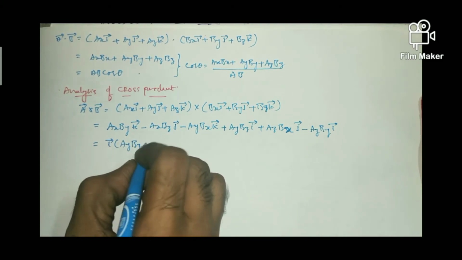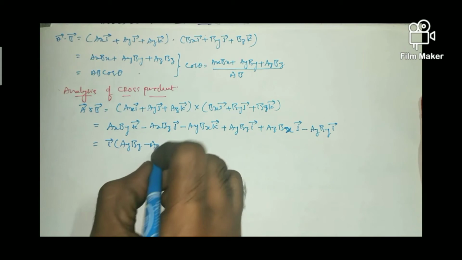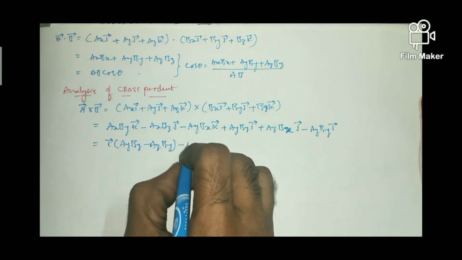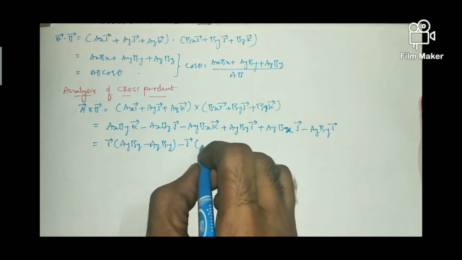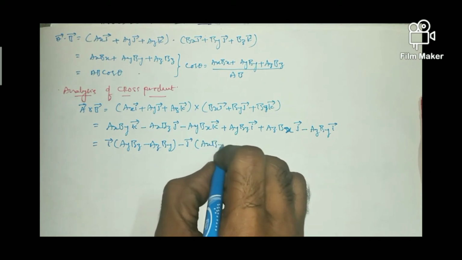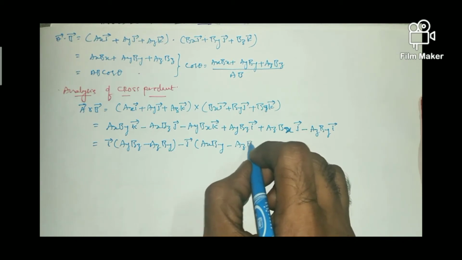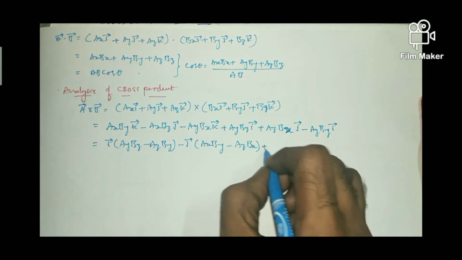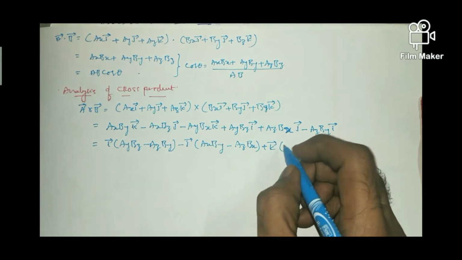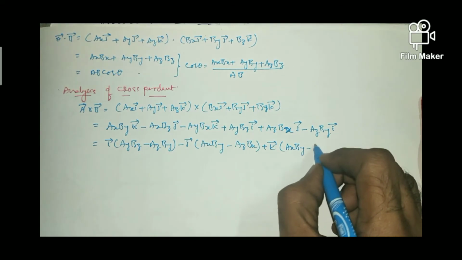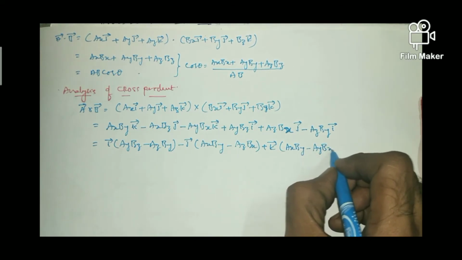And if we take out i bar as common, we get ay bz minus az by, minus j bar into ax bz minus az bx, and plus k bar ax by minus ay bx.